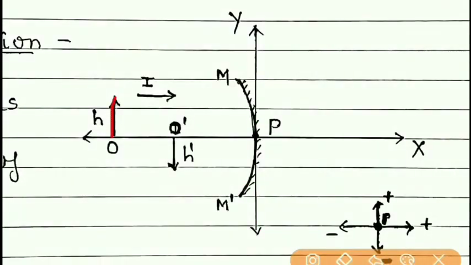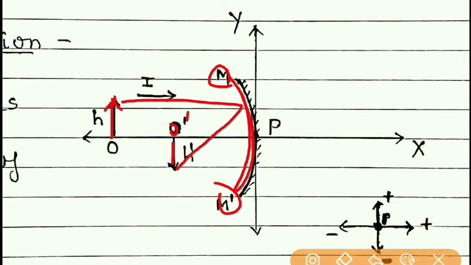This is the object placed in front of the reflecting surface of a mirror, and after reflection the image is formed here at point O dash. Here this M dash is called the aperture of the mirror.